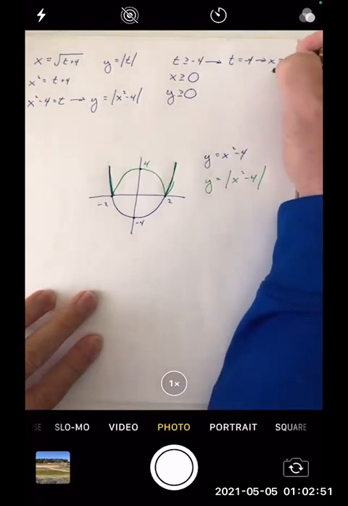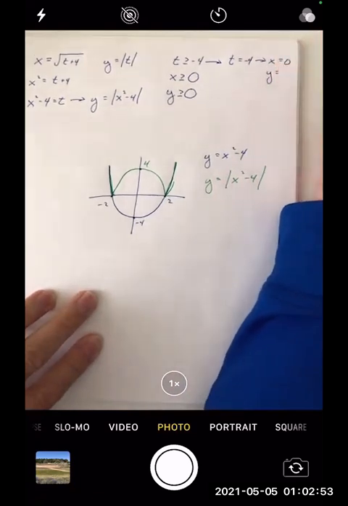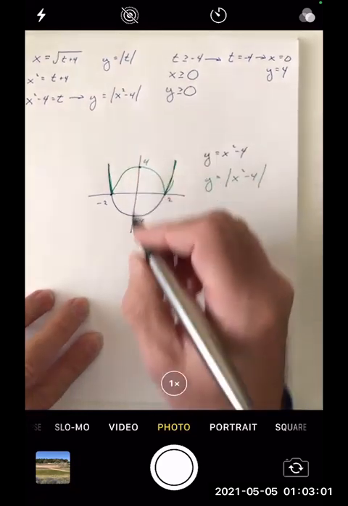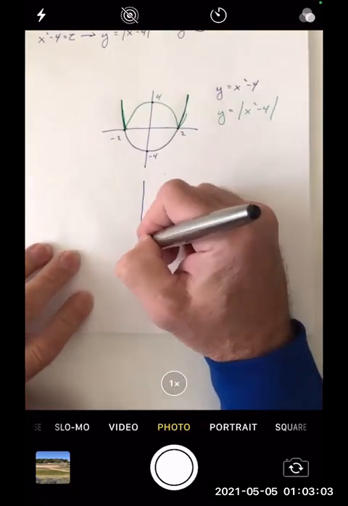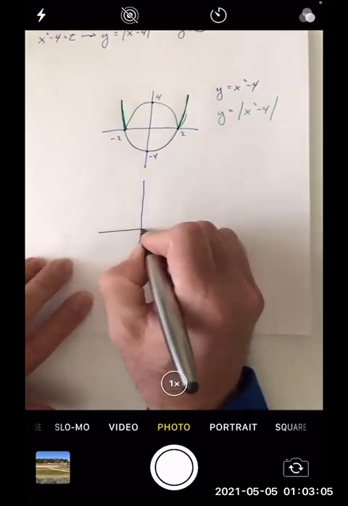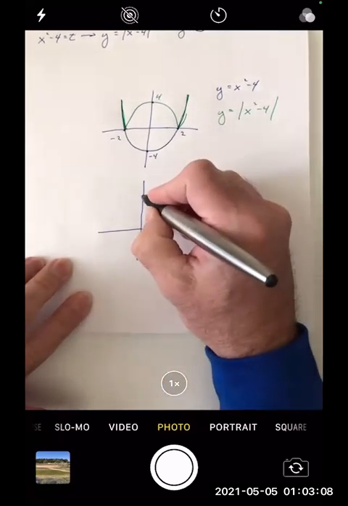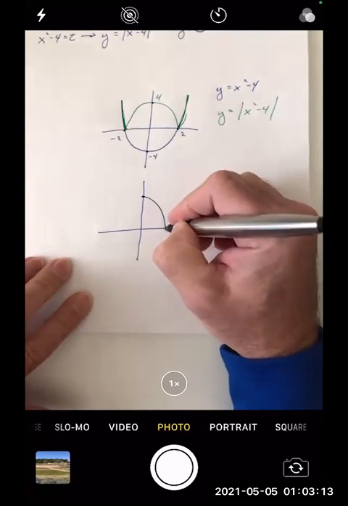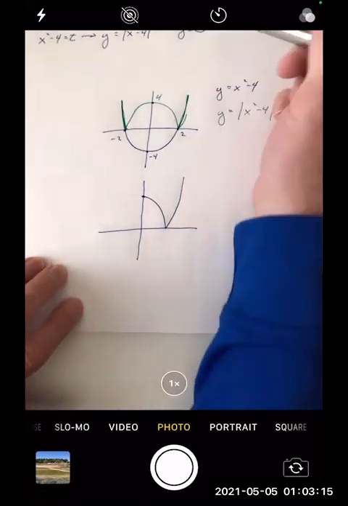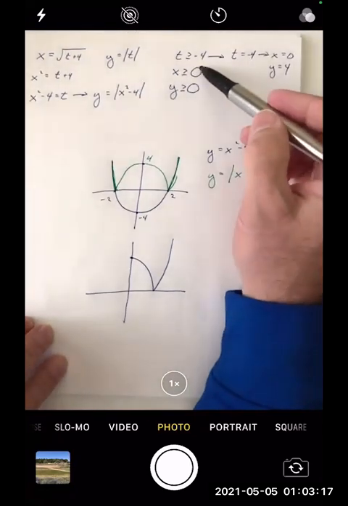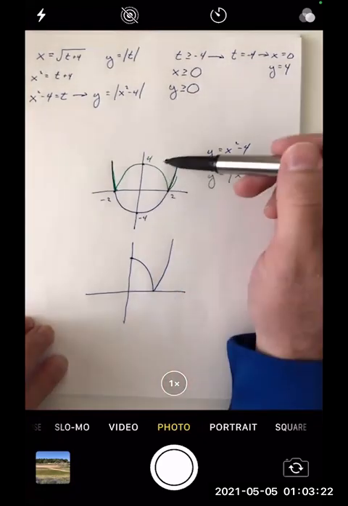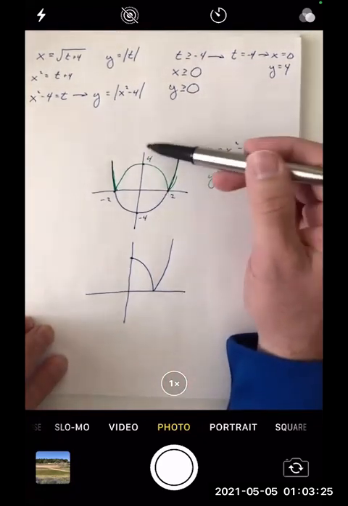And what would y equal? 4. So that means we can only keep that much of the graph, which we said earlier, we're restricted to that first quadrant. So this green curve, we can only keep whatever was in quadrant 1.